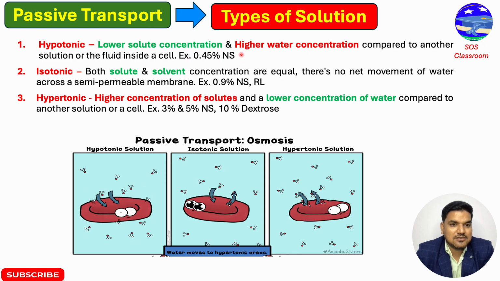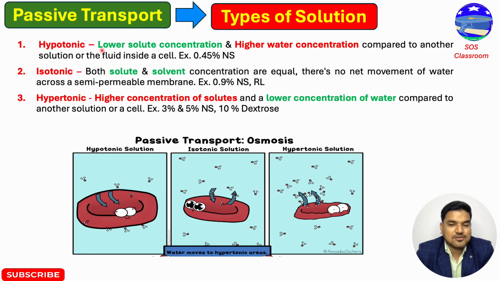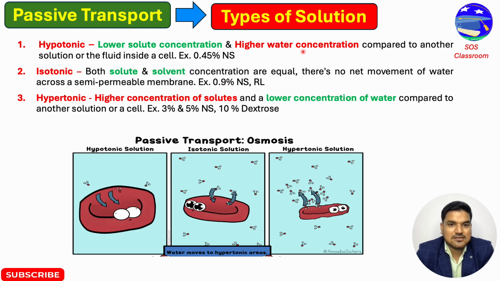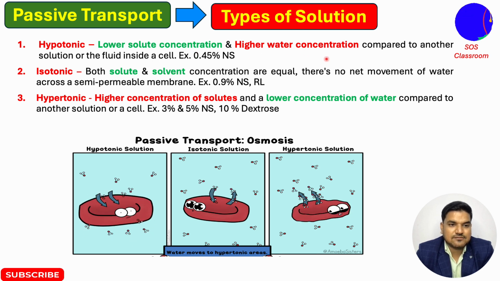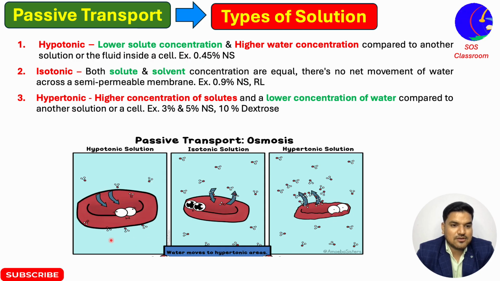So half normal saline 500 ml NS comes under the hypotonic solution because of the lower solute concentration but higher water concentration.